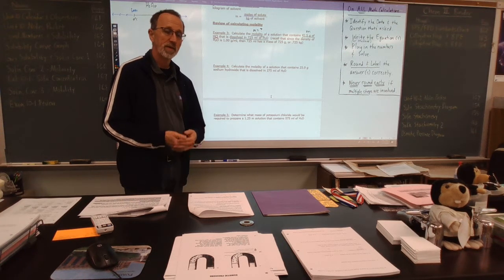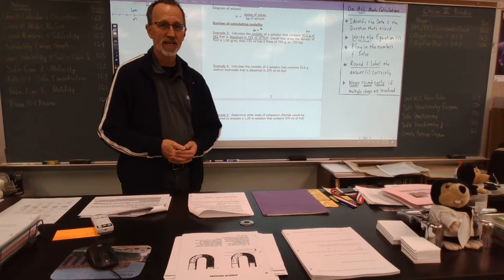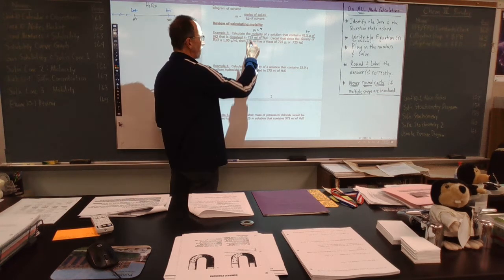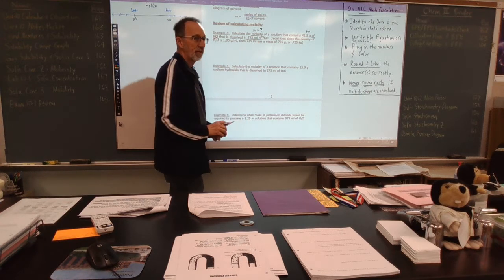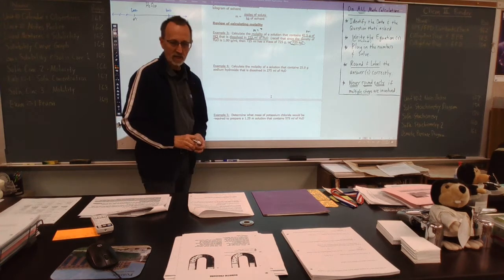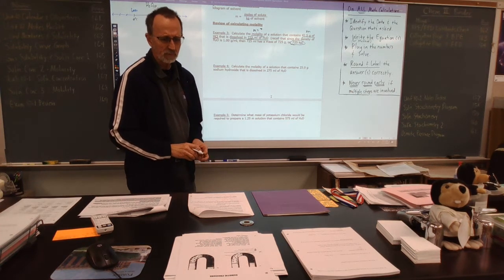And so converting from mLs to kilograms is essentially the same as converting grams to kilograms, which is just dividing by 1,000 or moving the decimal 3 to the left. So that would be 0.725 kilograms as stated there.